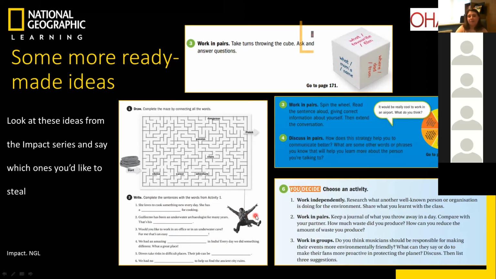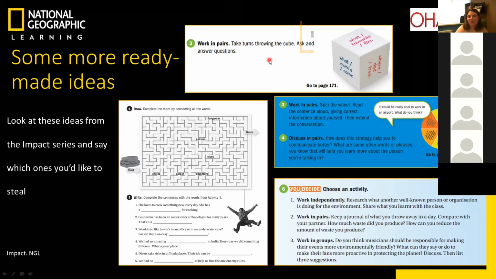Well, there's a pair of very nice activities here. In number 3, there is the cube, I will say, the cube with some clues for our students, clues for some questions.